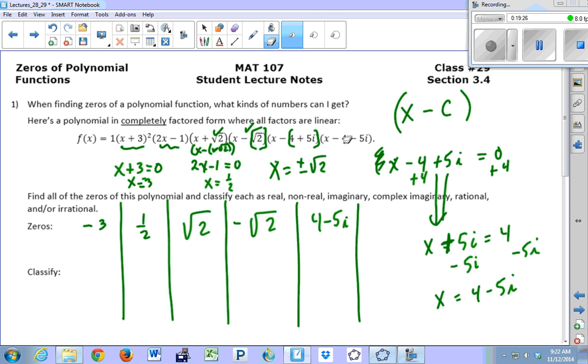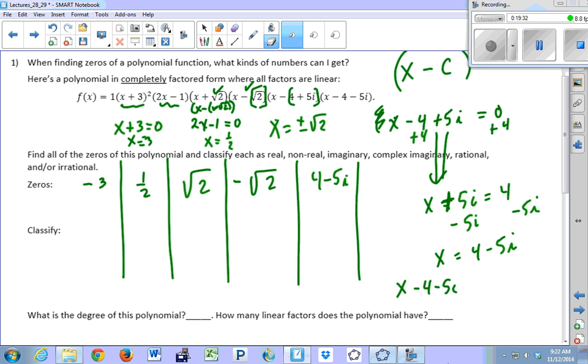So now let's set this equal to 0. So we have x take away 4 minus 5i. We want to set that equal to 0, right? So we add 4 to both sides, right? And we add 5i to both sides. So we get 4 plus 5i.